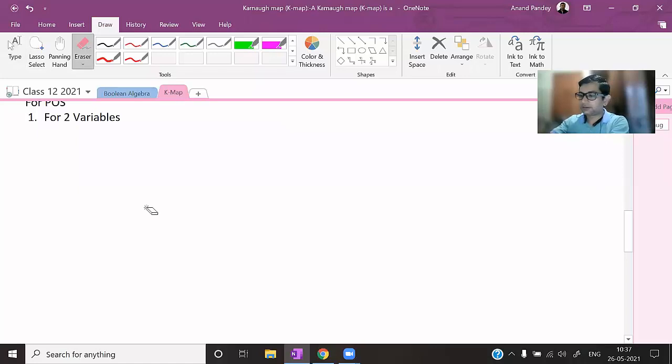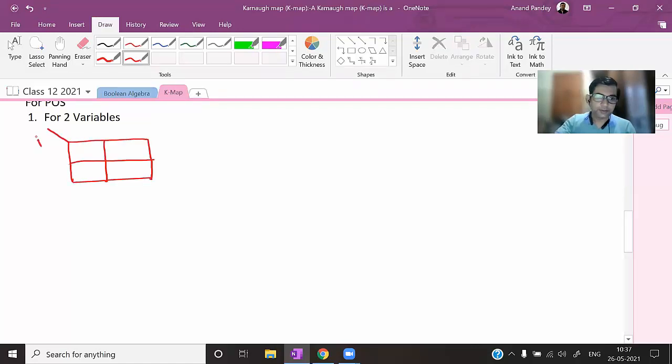Draw it please, same thing as the 2-variable one you just drew. What is the difference? I will tell you. I'm taking P and Q: 0, 1, 0, 1. Up to this, it's the same.